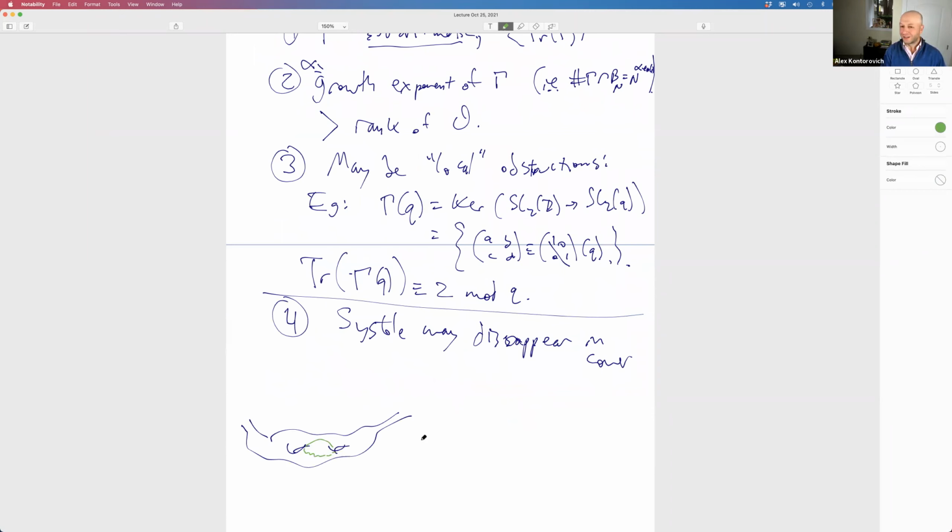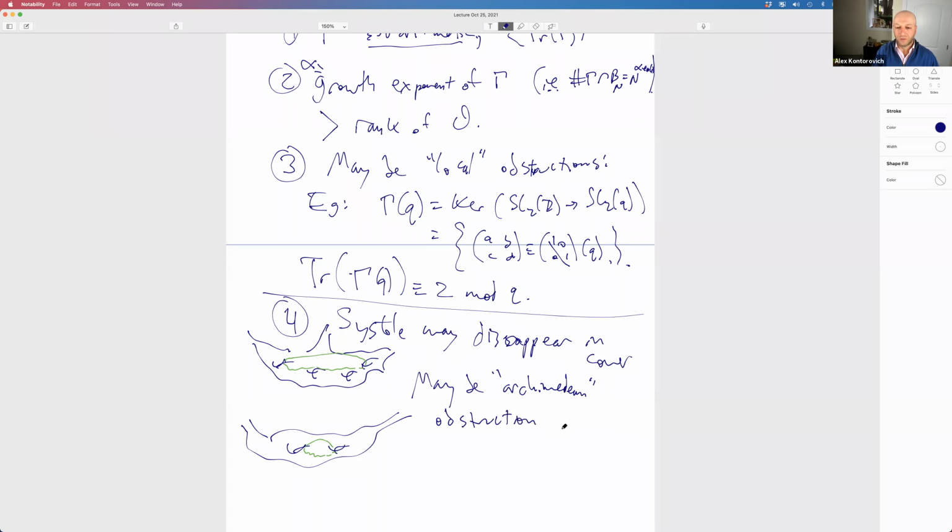So I have some systole here, and then if I just take a little cover, all of a sudden that shortest curve may no longer be a closed geodesic. When I take a cover, it's no longer a closed geodesic, and now maybe its lift is a much longer curve. So maybe you can think of this, if you like, as an Archimedean obstruction for small traces.